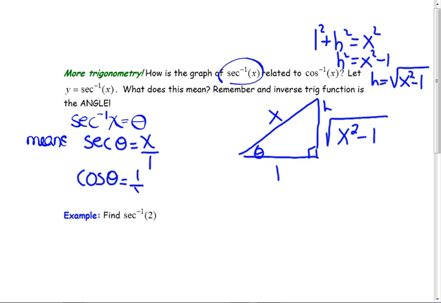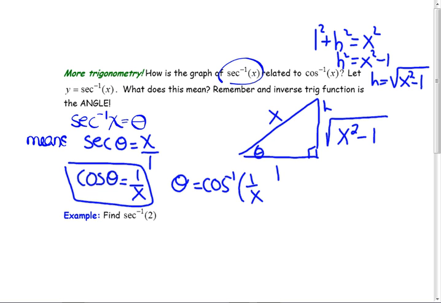Now, if the secant is x over 1, what's the cosine of theta? It's 1 over x. If I solve this second equation for theta, that's equal to inverse cosine of 1 over x. Do you agree? I'm going to solve for theta. I could take inverse cosine of both sides as an operator. Solving for theta, it's the inverse cosine of this, 1 over x, just like logarithms and exponentials.